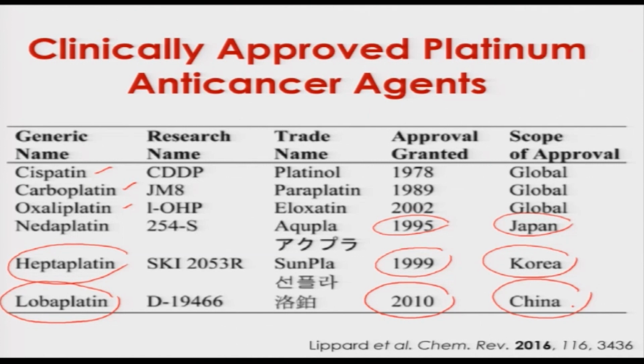The problem is all these platinum based anti-cancer drugs have severe side effects, and in order to reduce that, people have been trying hard to make different molecules and think about how one can reduce the toxicity of these platinum based anti-cancer drugs.